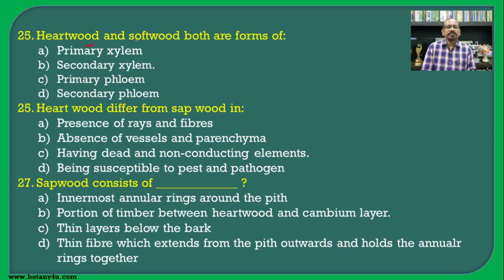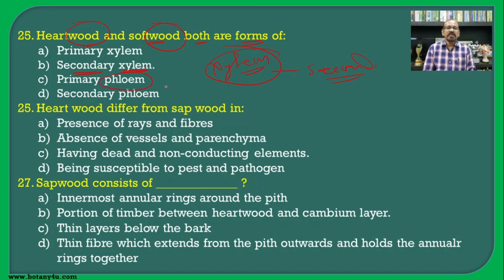Then, hardwood and softwood both are forms of. Whenever we are talking about hardwood or softwood, you have to remember that it is a part of the xylem. The formation of wood is nothing but the secondary structure formed by the activity of the cambium, that is the secondary growth, and hence both are examples of secondary xylem.